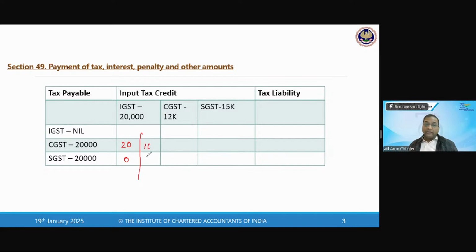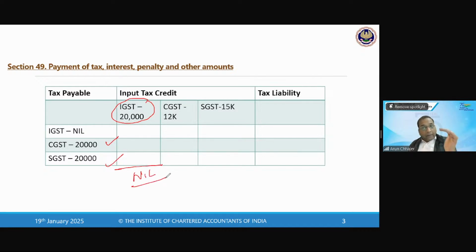You can do 10-10. You can do 8-12. You can do 5-15. You can do 0-20. Whatever you want, you can do the allocation for IGST का ITC toward the C and S. What is the rule? That it should be 0.